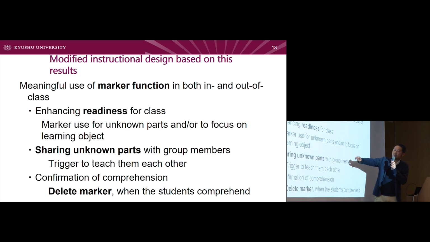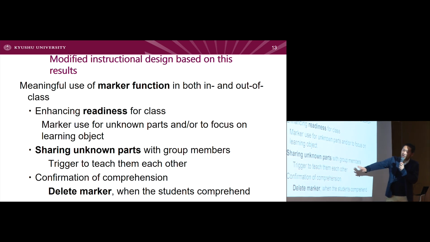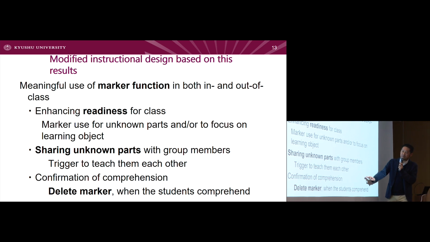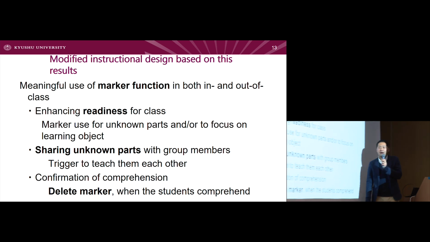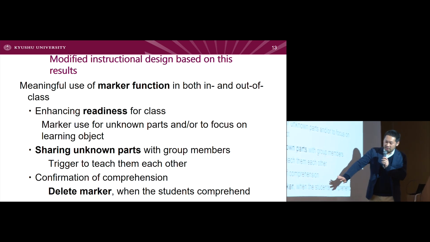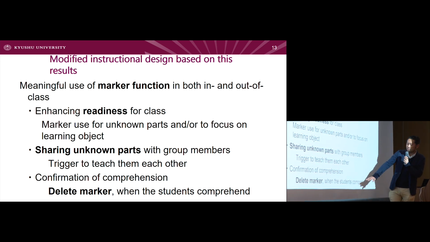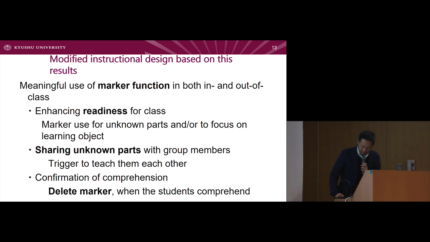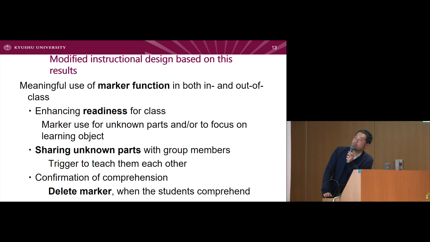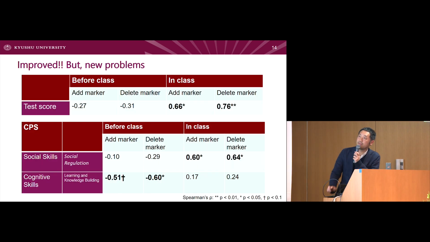We asked them to use the marker for unknown parts or to focus on the learning objectives. And in the class, we asked them to share the unknown parts with group members. It would be a trigger for them to teach each other. After that, teachers ask them to delete the marker when the student comprehends. And our team applied this modified instruction design to the next class.